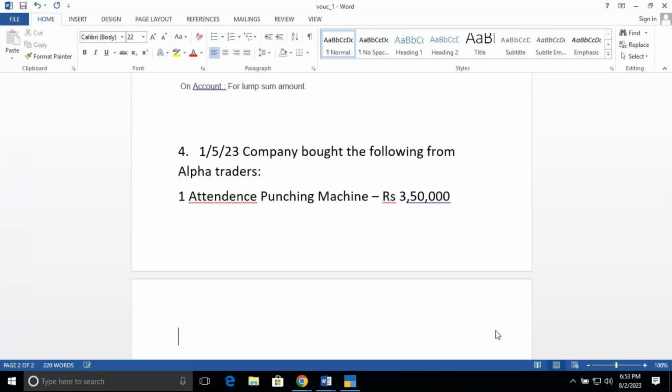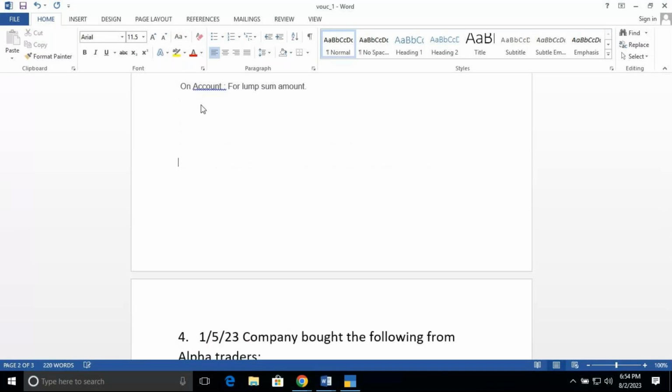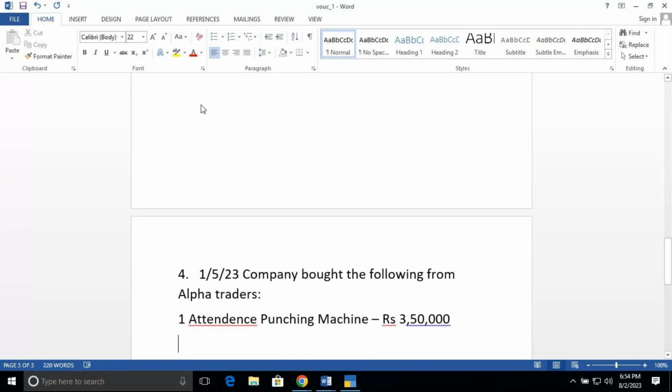Second one, you write security alarm system, rupees 5 lakh.